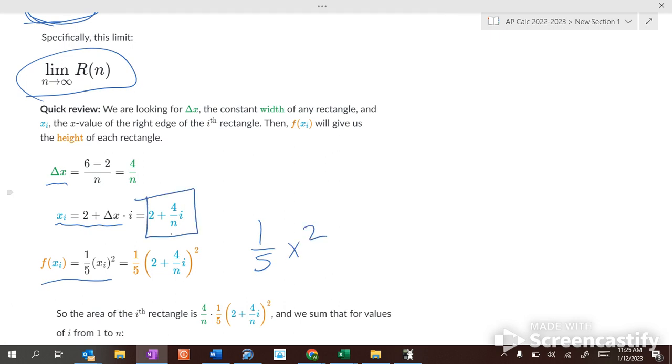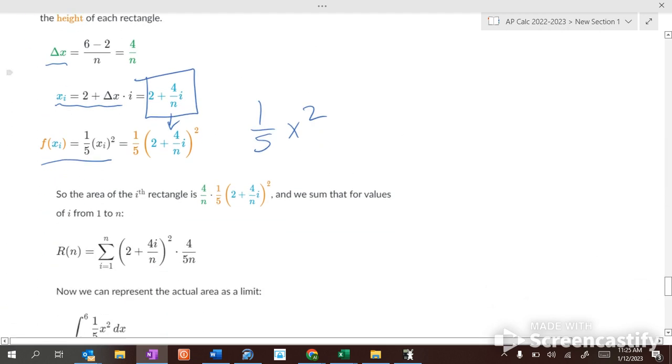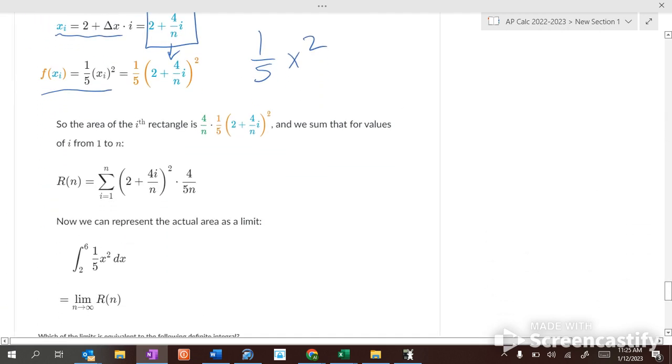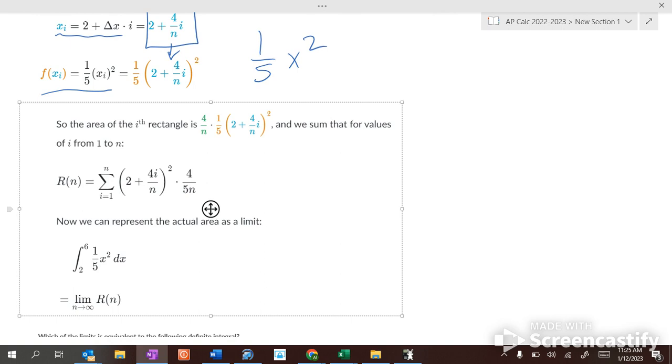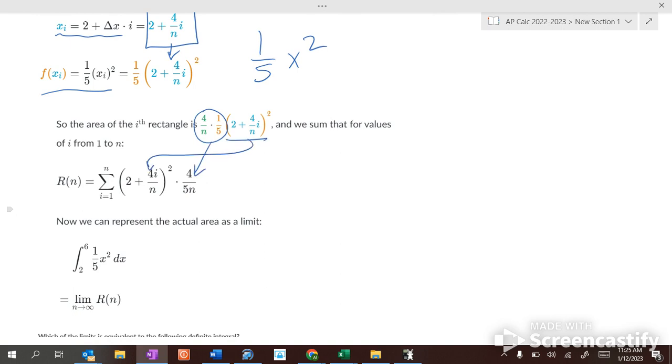So this winds up to be x from the summation. And then if you square the summation and take it times 1/5 over that area, you'll get the right answer. Okay? So what they did is they took 4 times 1 over 5n. So this part is there, this part is there, and summation from 1 to n, because we have n rectangles in there.